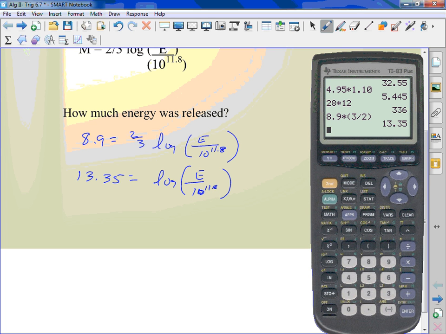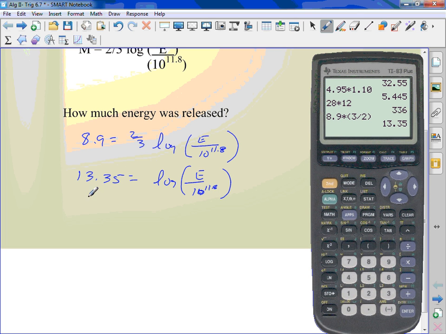Use like 3 decimal places. Now I have a log. What gets rid of a logarithm? 10 to the.